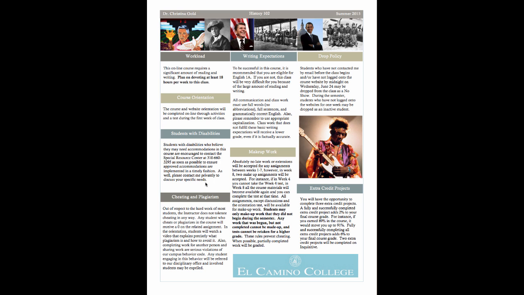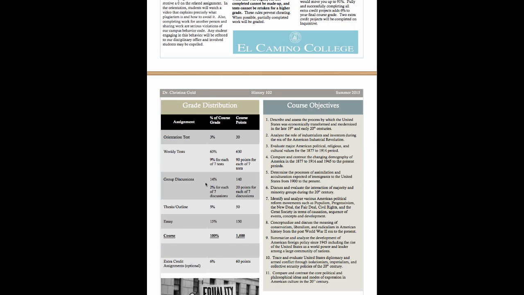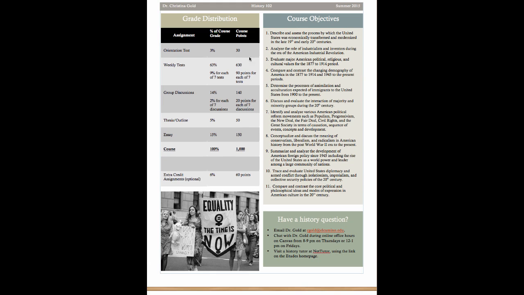The syllabus also lists many of the policies of the course. You should be familiar with these policies and read this section carefully. The course is composed of an orientation test that is worth 3% of your grade. There are weekly tests that are each worth 90 points, or about 9% of your grade.